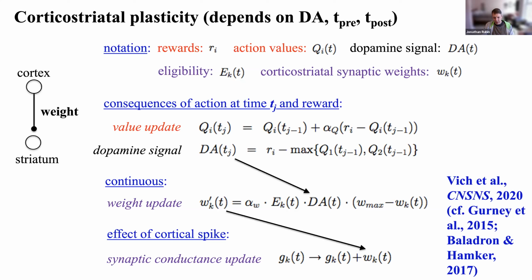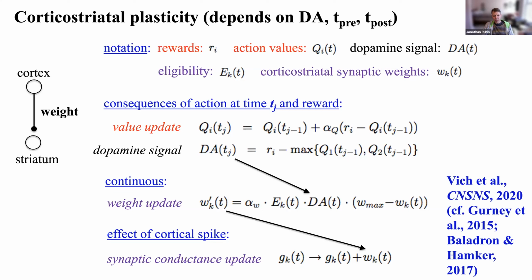The eligibility component is based on the timing of the presynaptic cortical spike and the striatal spike. It's an STDP component that determines at any moment who's eligible to have their weight updated. And then the weights go into updating the synaptic conductances.